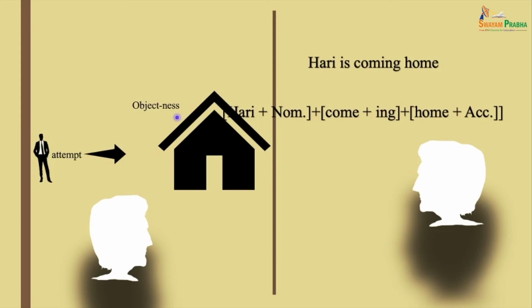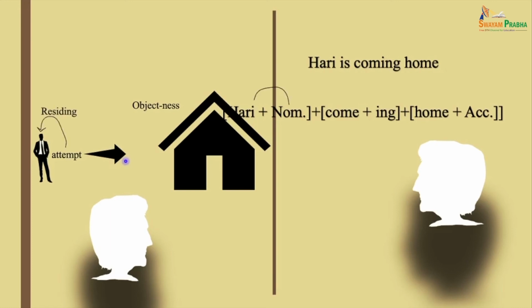So gruham, this is the objectness that is there in the house. But these are all unrelated. The person, that is our Hari, the attempt, the objectness, the house, and the activity called agamana, coming. All these are unrelated. But we know that there is akanksha, so there is mutual expectancy in the words, right?